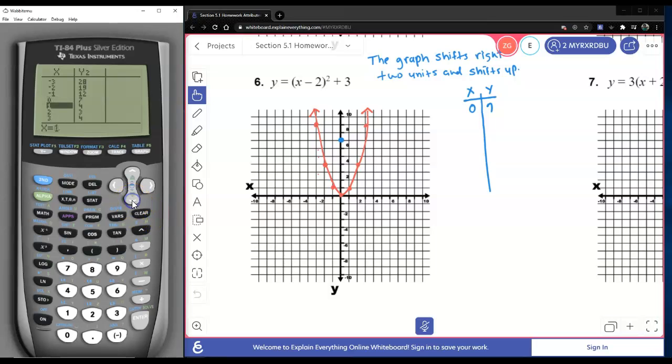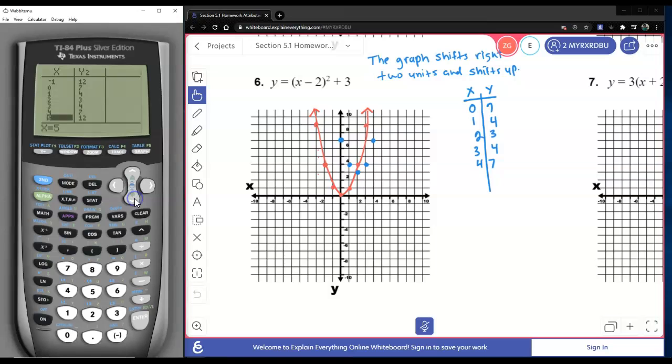1, 4. 2, 3. 3, 4. You notice that right there it starts going up again. 4, 7. 4, and then we go up 7.